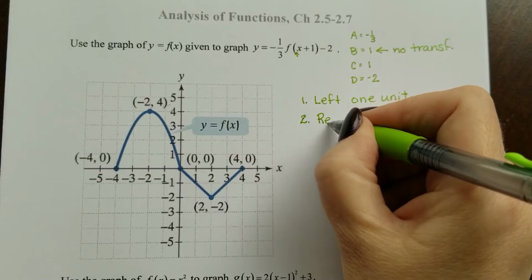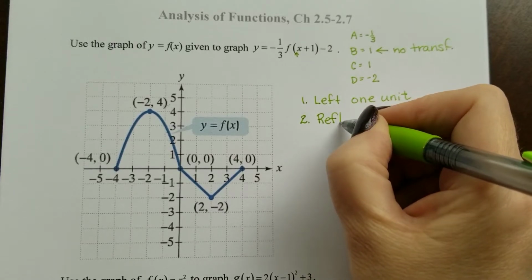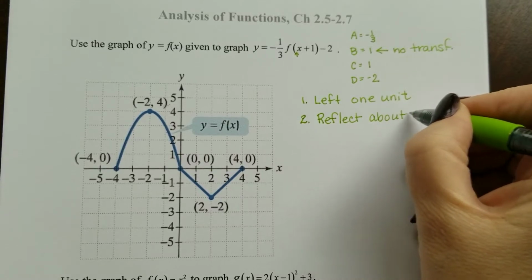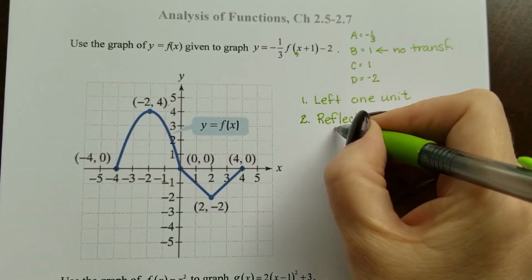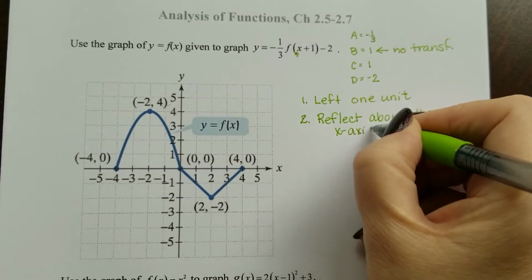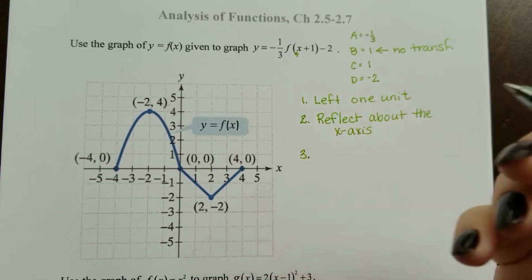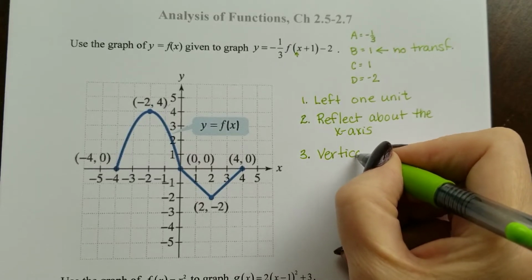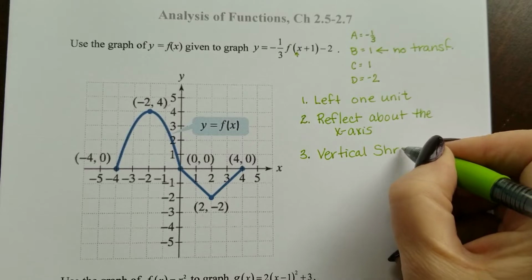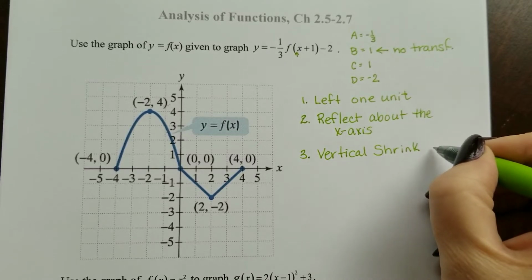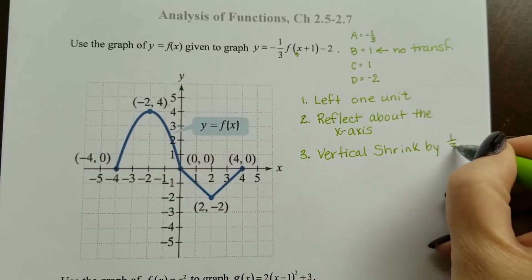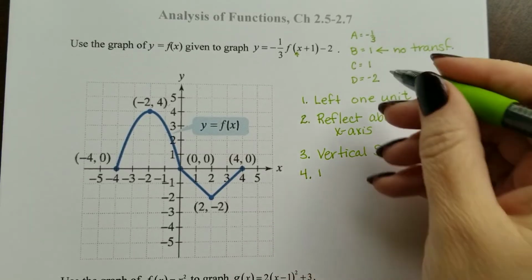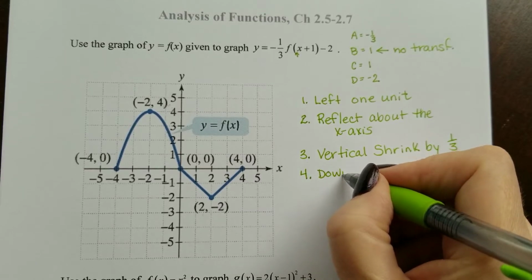It's going to reflect because it's negative, and that's about the x-axis, and it is going to have a vertical shrink, and that's going to be shrunk by 1/3. And then our last thing is our vertical shift, and that's going to be the d, which is going to move it down 2 units.